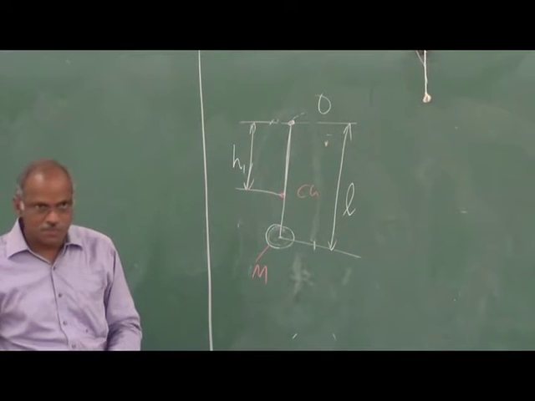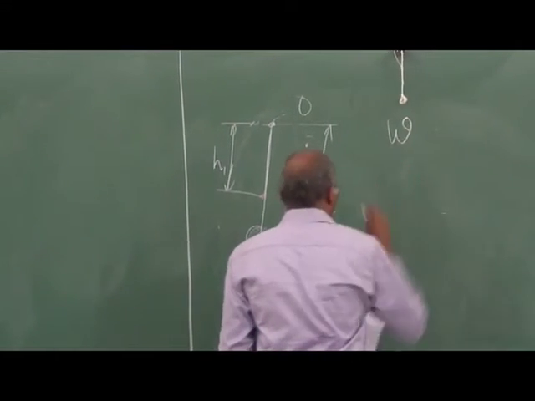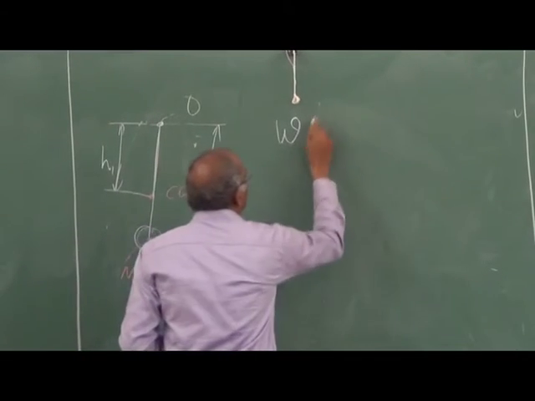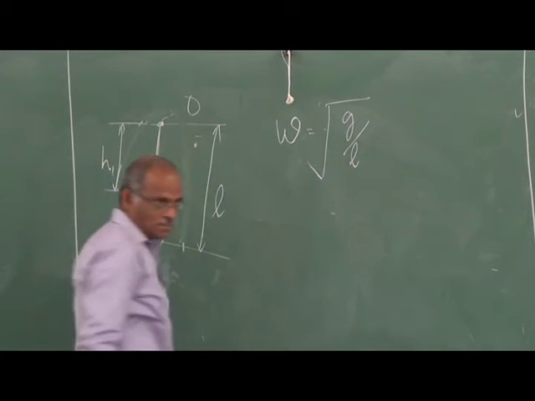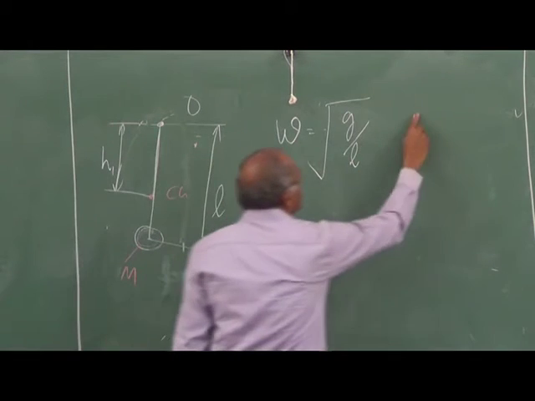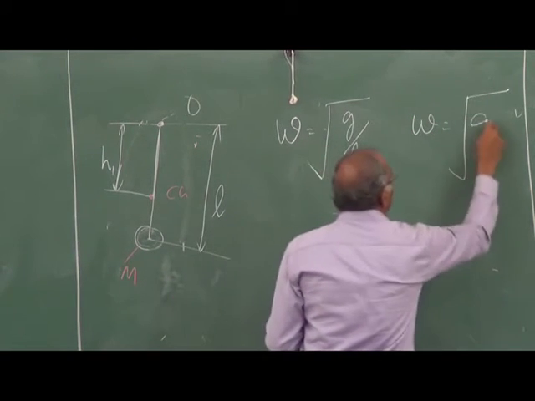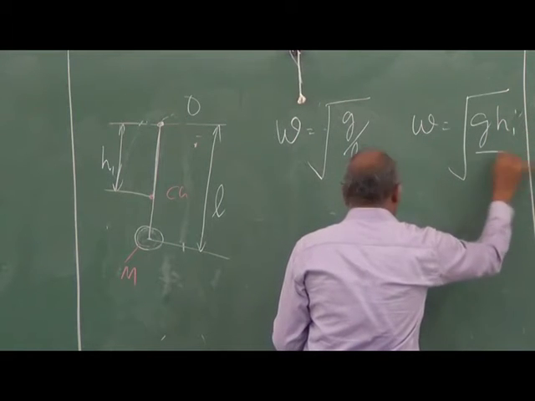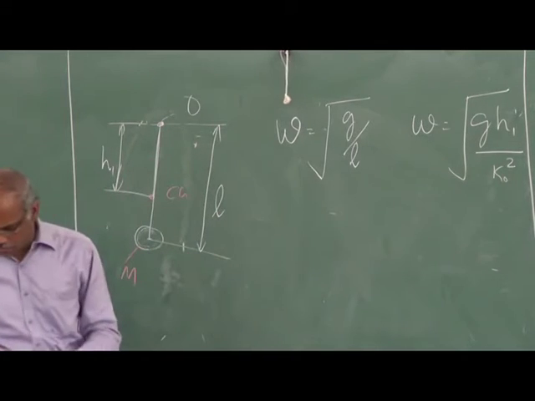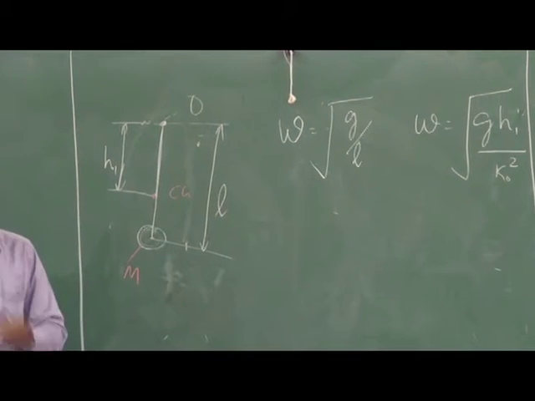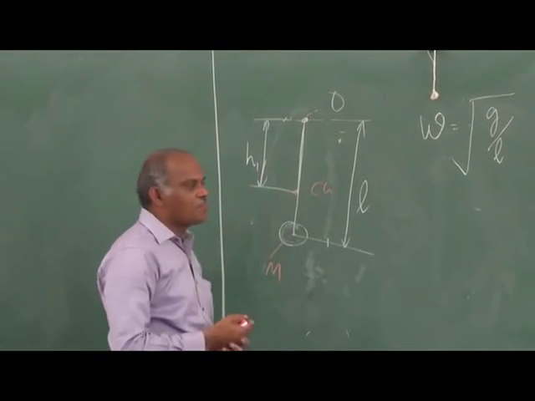So in that case, if you write the equations, omega for the simple pendulum is given by root of g by L. Omega for the compound pendulum is given by root of g into H1 by K0 square. So you have to just substitute H1 instead of L here, because we have taken that as H1.